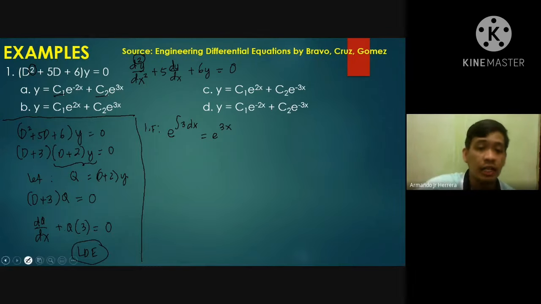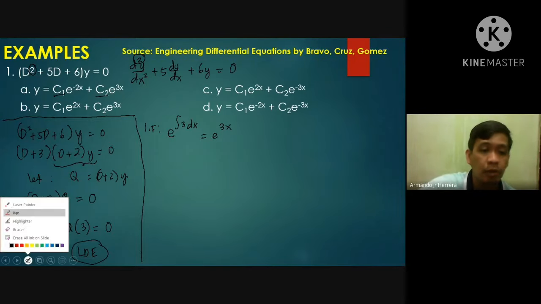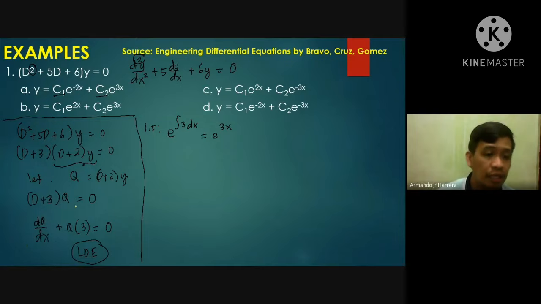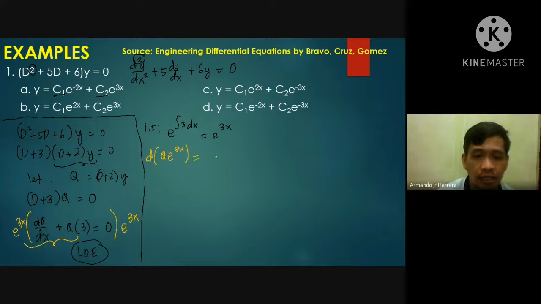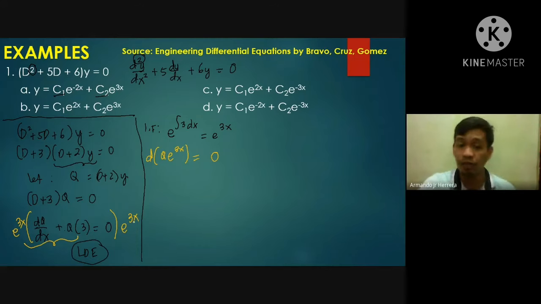Such integrating factor must be multiplied to our original differential equation, so that the left side of the equation becomes the derivative of the product of our dependent q and our integrating factor e to the 3x, equal to 0, because 0 multiplied by e to the 3x is 0.